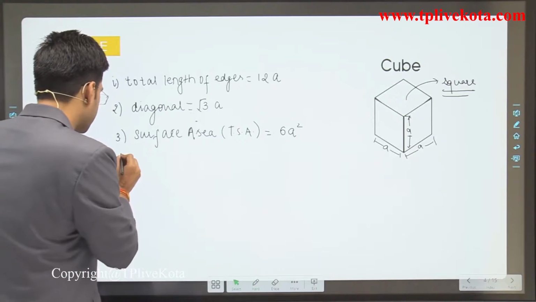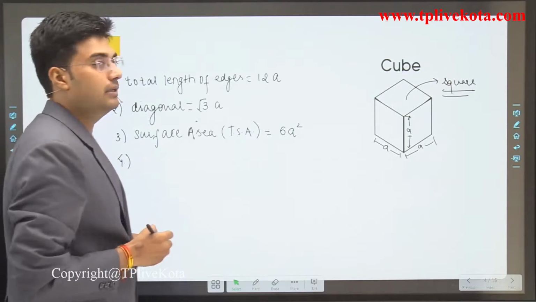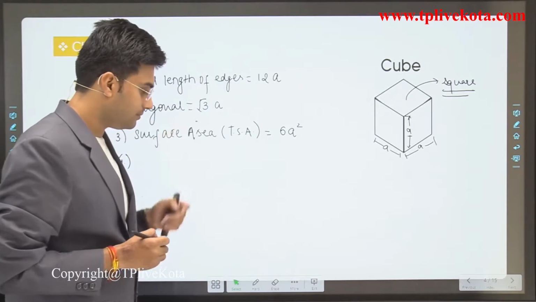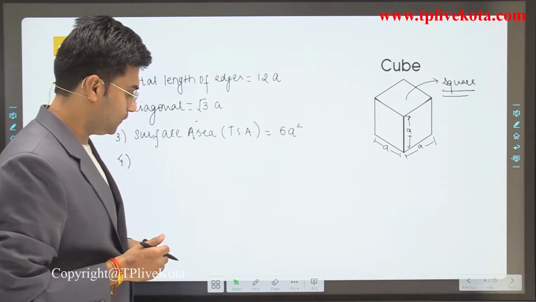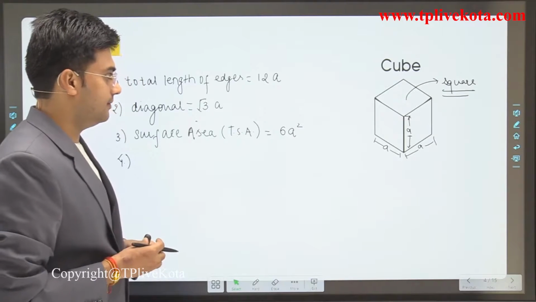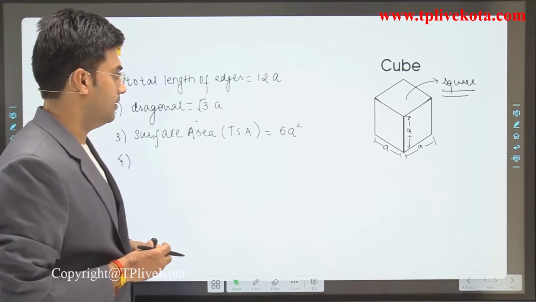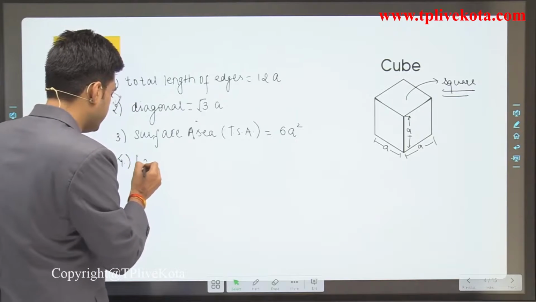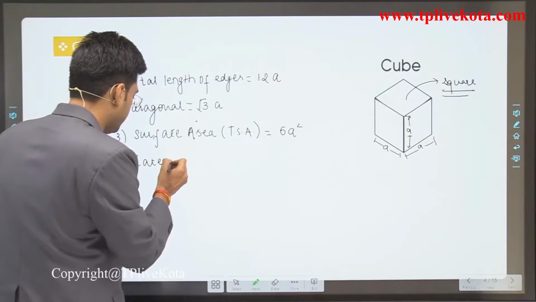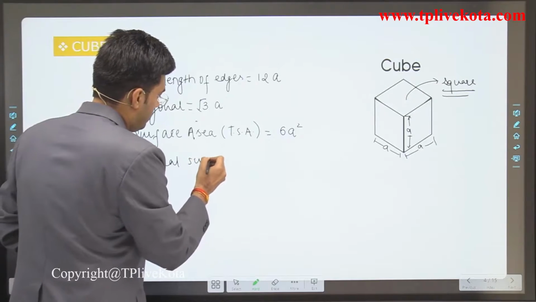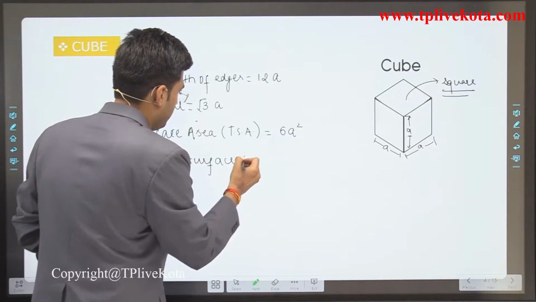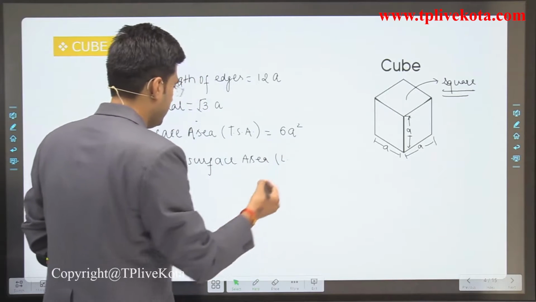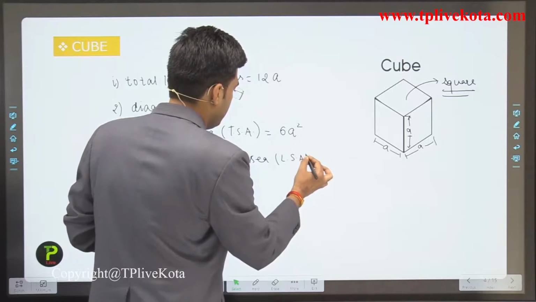Now after this, the next is lateral surface area, and we can represent it by LSA.